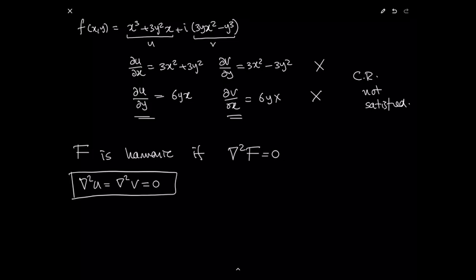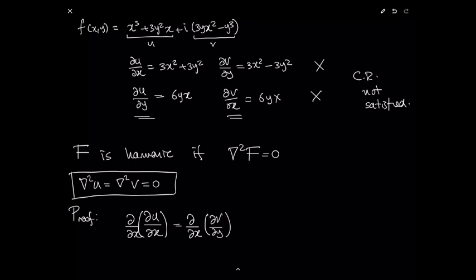To see this, let's just see what happens. This is a type of proof. Suppose we take du dx, and then take another derivative of that. Now let's apply the Cauchy-Riemann condition. So I've got du dx, and that's got to be equal to dv dy.